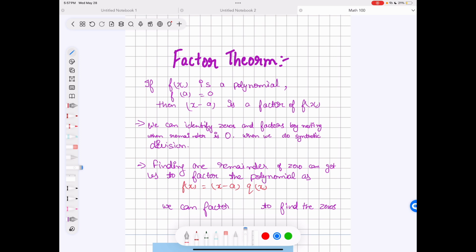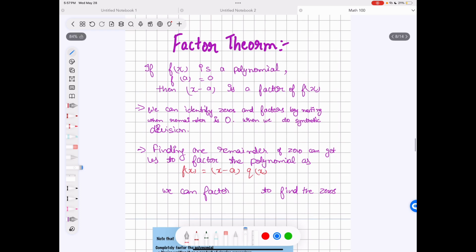We can identify the zero and factor by noting the value. And when the remainder is 0, we can do the synthetic division.